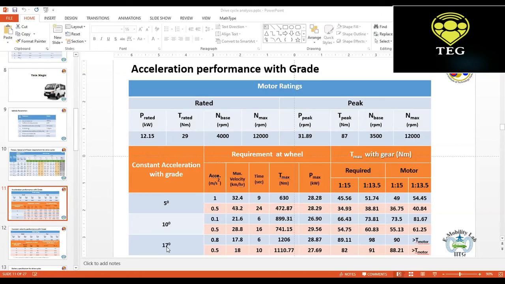Okay, and most of the time the prime mover, internal combustion engine or the motor, would be underutilized. And if you underutilize something, for example, if something is designed to give you, let's say, 30 kilowatt of power or 20 kilowatt of power, and you are just extracting 10 or 15 kilowatt of power from it, then you are compromising with the efficiency, because the system gives you maximum efficiency at the rated point.